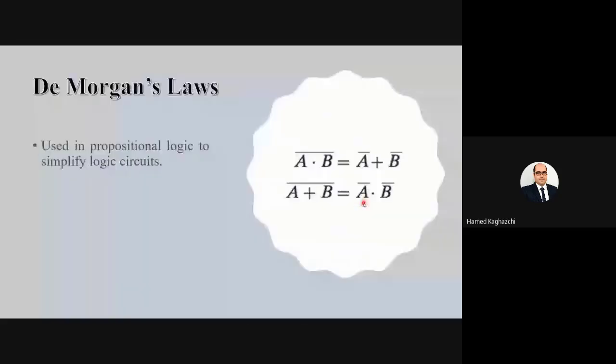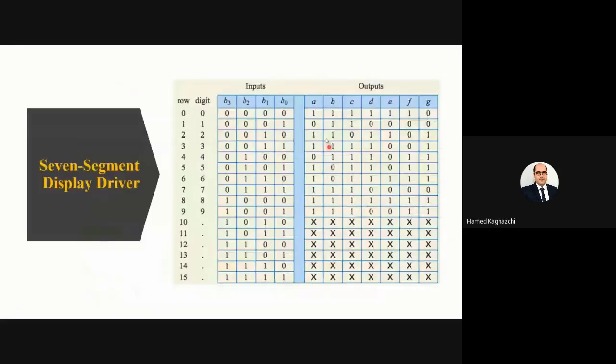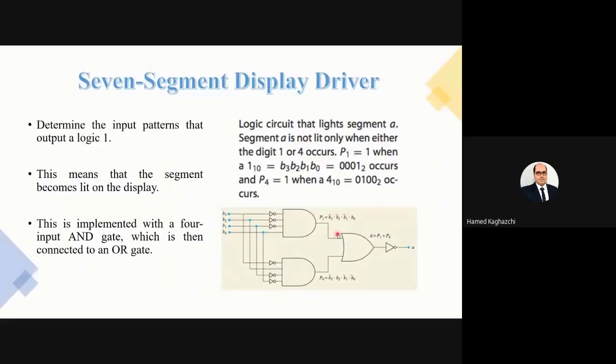But here, my output is 0. In this case, I want to have 0 at the output for these 2 patterns. I can design the same circuit for recognizing the patterns. At the end, I can complement the output using a NOT gate.